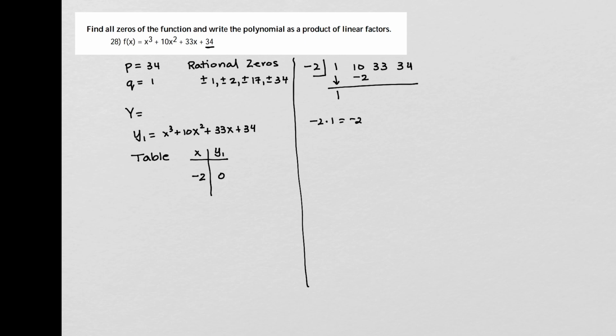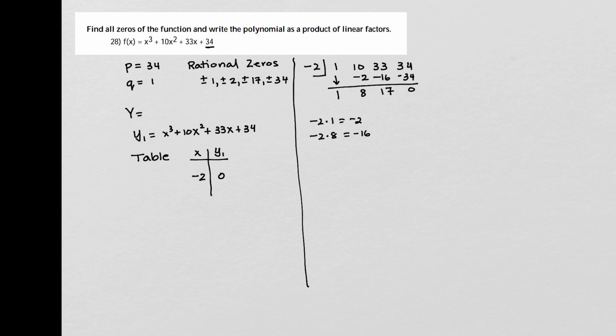And then I add the 10 and the -2, and I get a positive 8. Now I'll multiply -2 times 8, and I get -16. And I add the 33 and the -16 and get 17. And then multiply -2 times 17, and I get -34, which is what we were expecting to see.